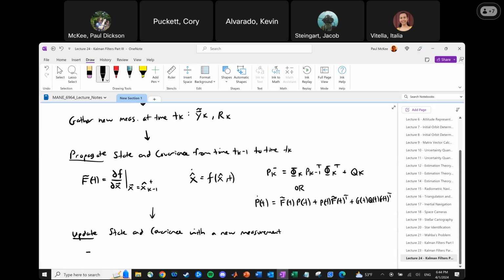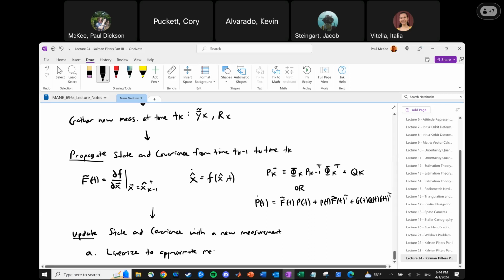And so step A would be linearize to approximate a measurement sensitivity matrix. And that equation is going to look like this.